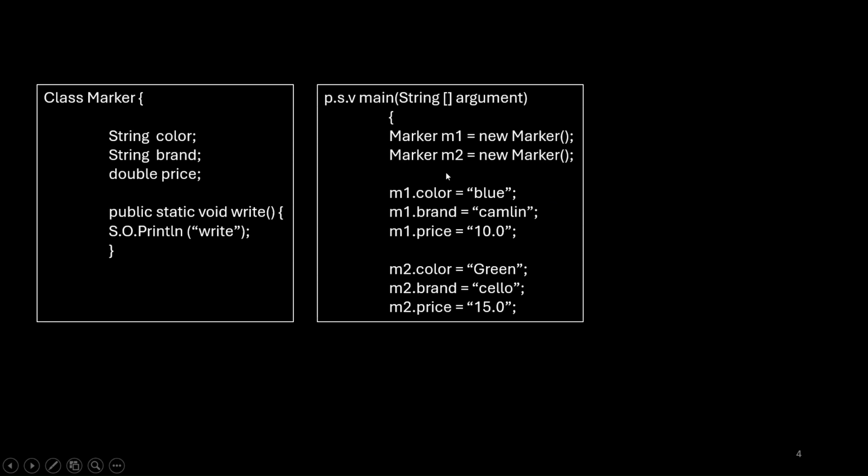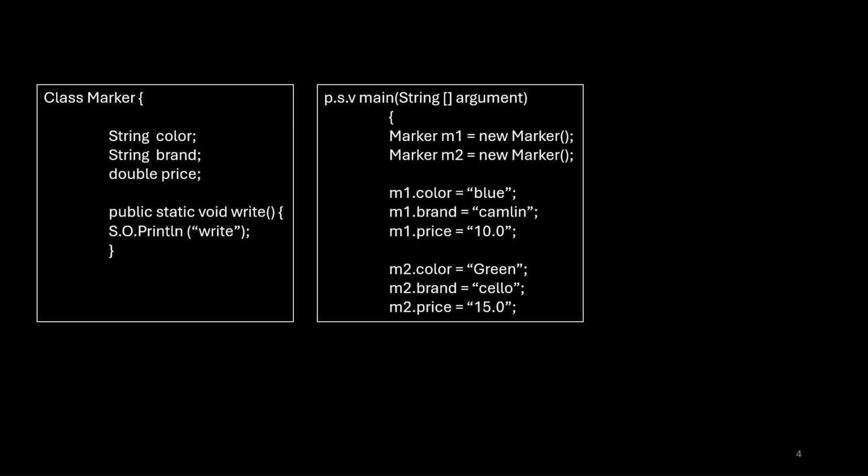Next, let's take one program. Here we have a class Marker. What are the properties of the marker? Here we mentioned three properties: first is color, second is brand, and third is price. After these properties, we need behavior, meaning what your marker is doing.